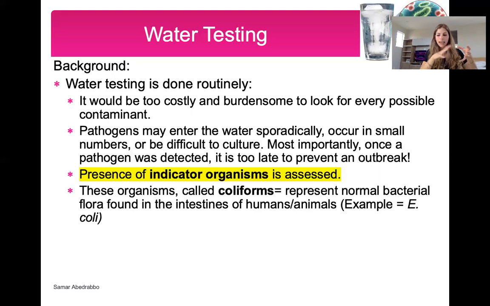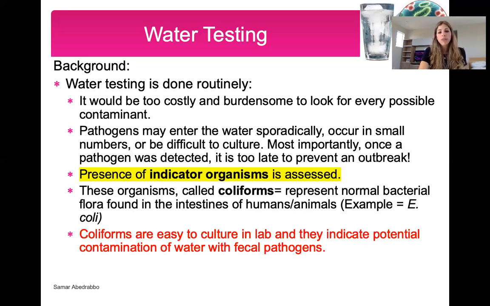Now that bacteria gets excreted in feces, so that's why we know that if we see those bacteria in a water source, it means that we have waste runoff either from humans or animals, and this can make people very sick, and it can be indicative of a lot of different contamination of that water.